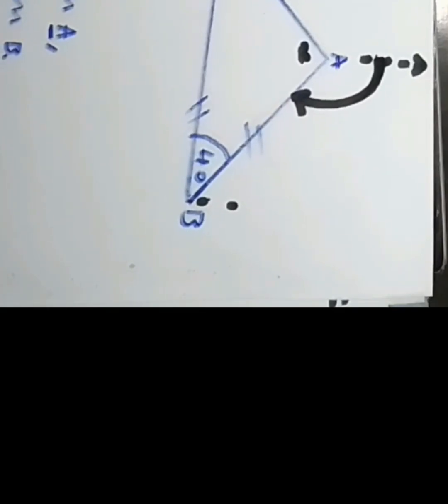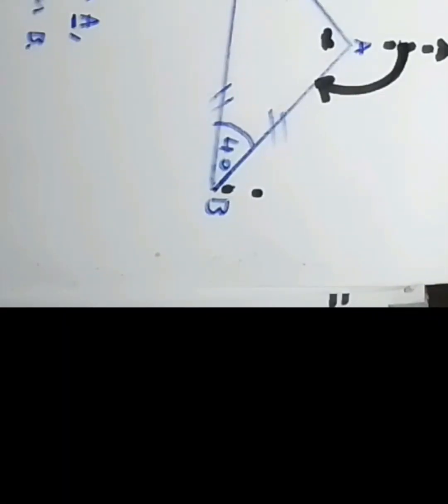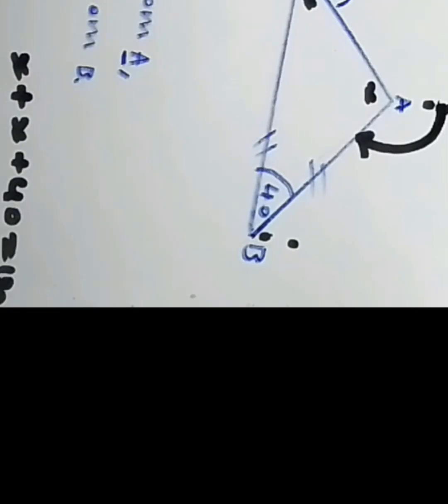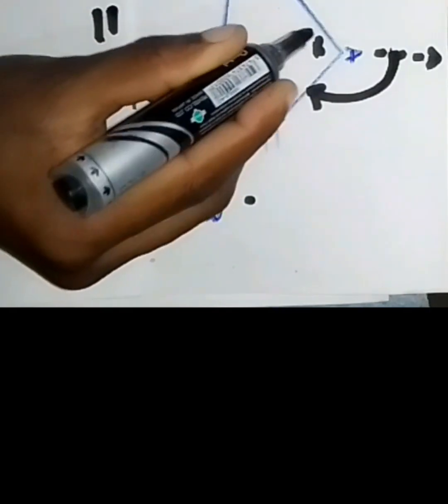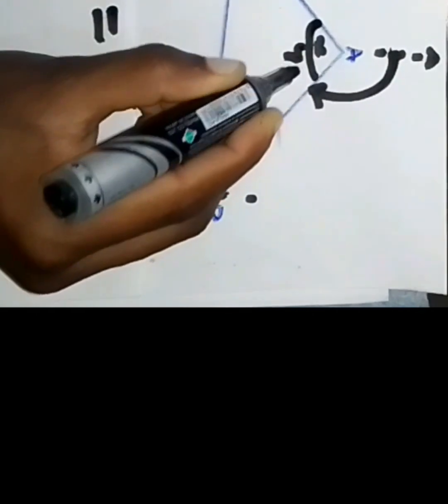Dividing by 2, x will be equal to 70. Having calculated x as 70, we have 70 here and also 70 here.